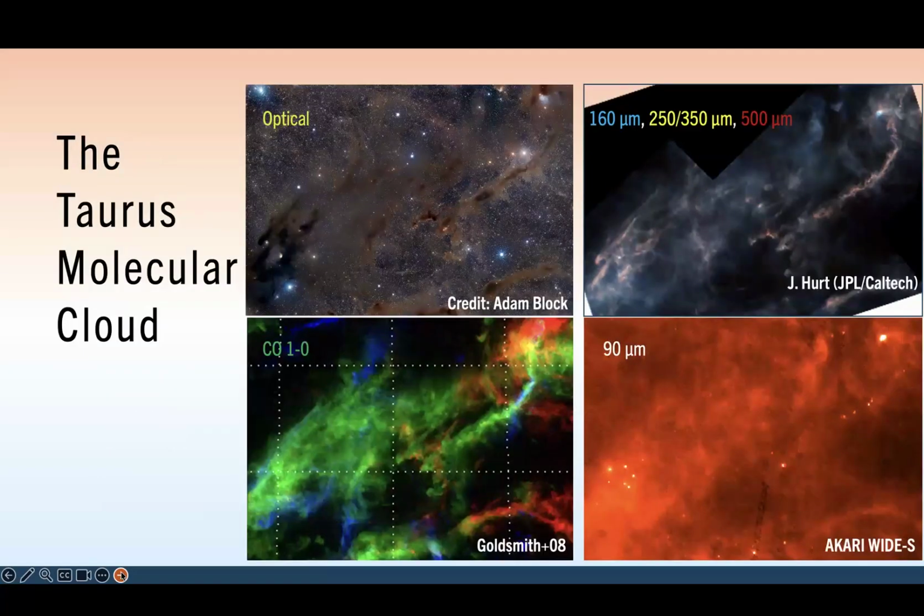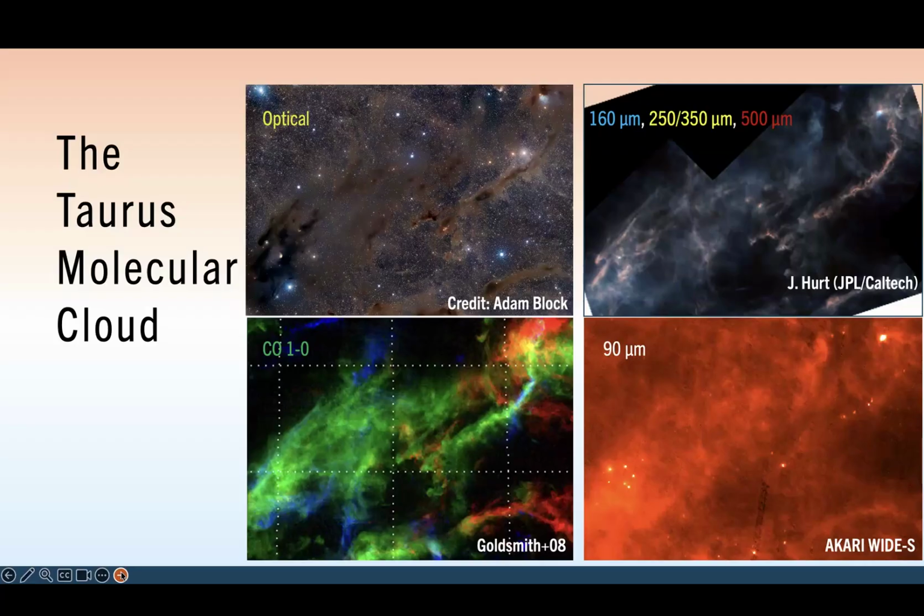Okay, so going back to the Taurus molecular cloud, we have a few different images of Taurus. We can see here in the optical these dark, very dusty clouds that are attenuating a lot of the optical light from the stars behind it. That's originally how Taurus was observed before we had the ability to access the rest of the electromagnetic spectrum.